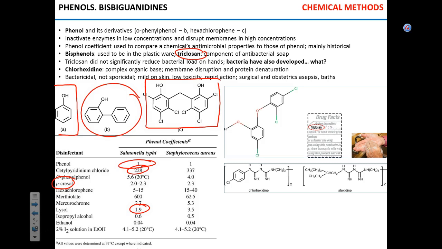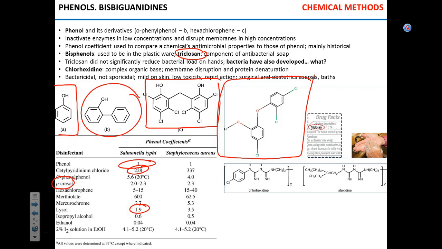The main component of antibacterial soap was triclosan. A couple of years ago, the FDA officially issued a statement in which it said that antibacterial soap does not have any superior efficiency compared to regular soap. Because further studies after triclosan was introduced showed that first, triclosan is not that super antibacterial.